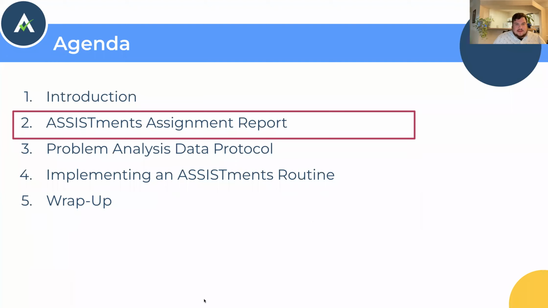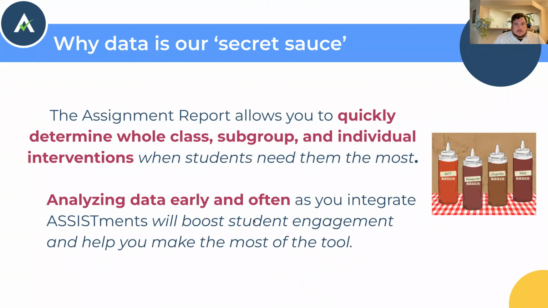So, yeah, let's go into the assignment report. We consider the assignment report data our secret sauce, both the fact that we provide it and also the way that we structure it, because it really allows teachers, once they're familiar with it, to quickly determine those whole class, subgroup, and individual student level interventions immediately when students need it the most.